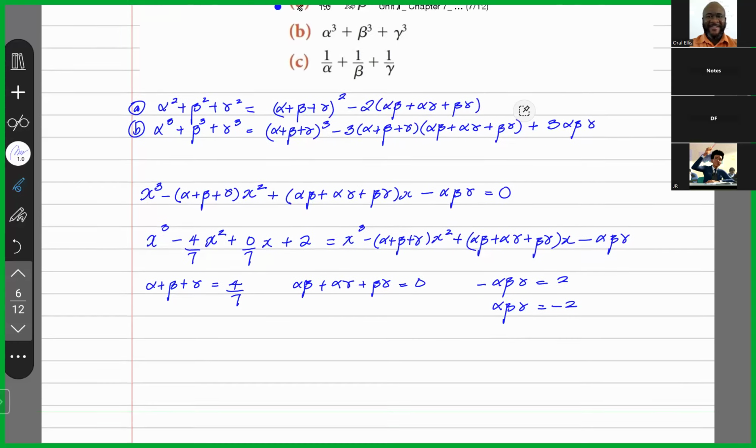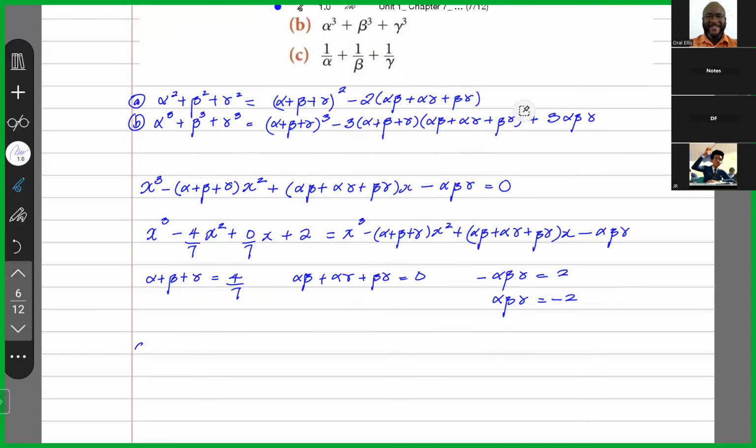Now that I know that, I now can find A. At A, we're asked to find alpha squared plus beta squared plus gamma squared, and this we're told is equal to (alpha plus beta plus gamma) squared minus 2 (alpha beta plus alpha gamma plus beta gamma).